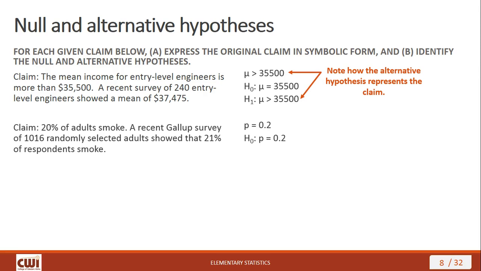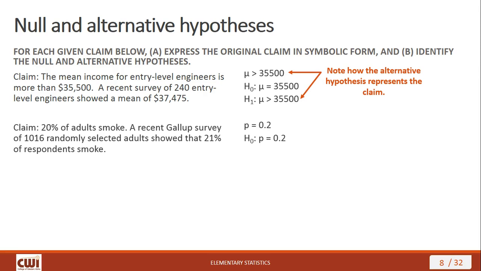And here's a case where it doesn't. We can't actually say that P equals 0.2 is our alternative hypothesis, because by definition, equals always goes with the null hypothesis. So we have to set P equals 0.2 as our null hypothesis.